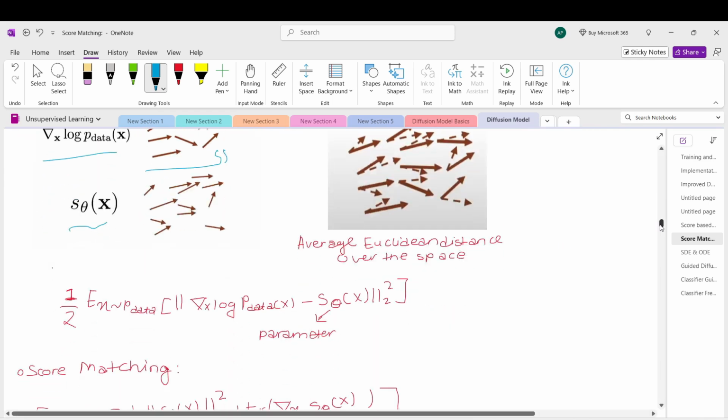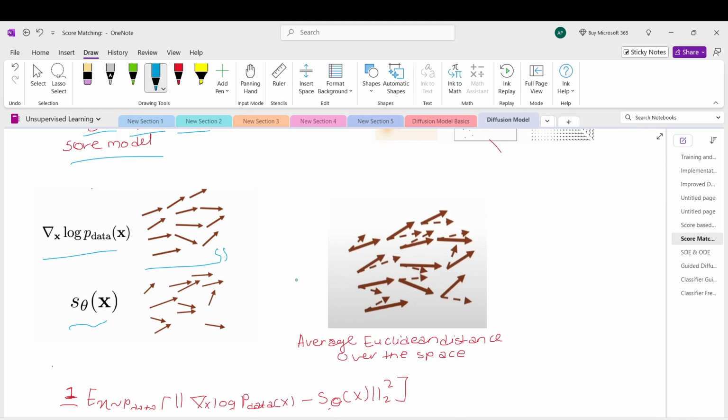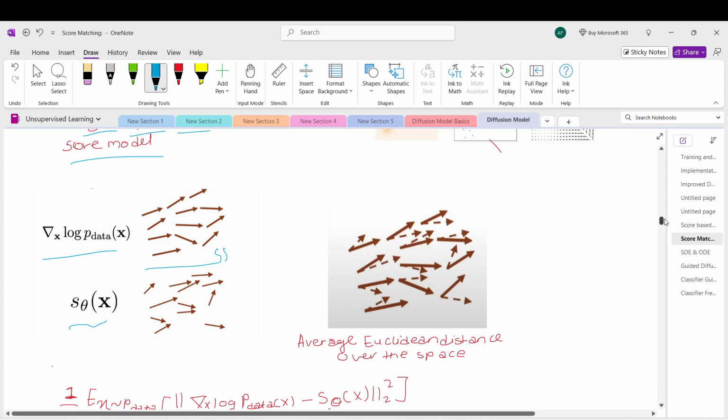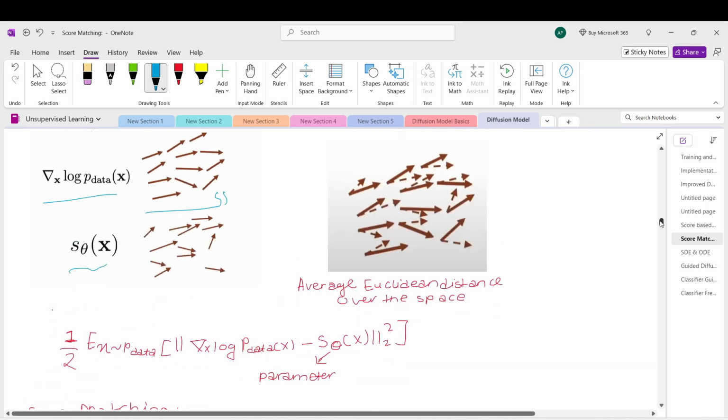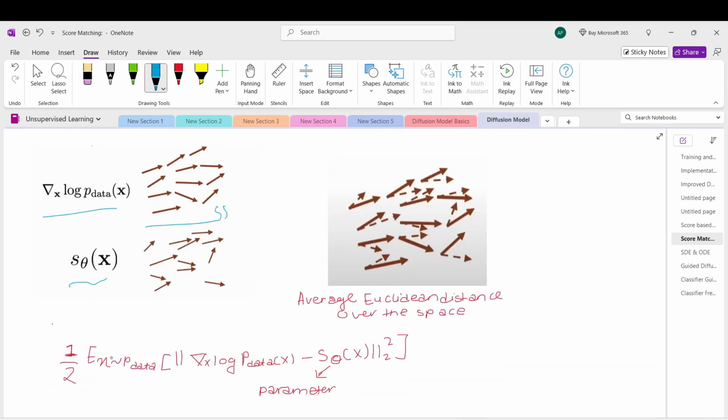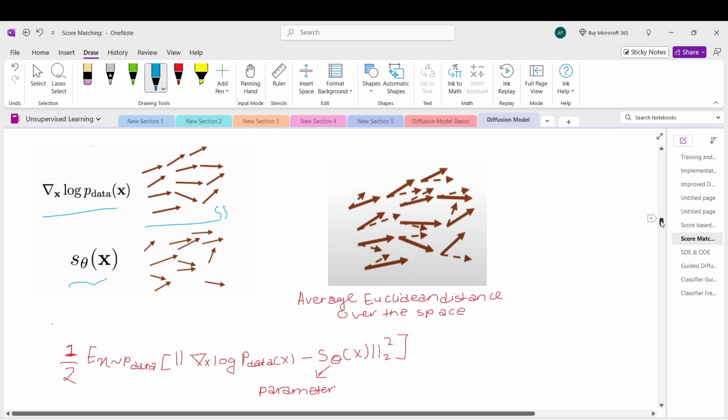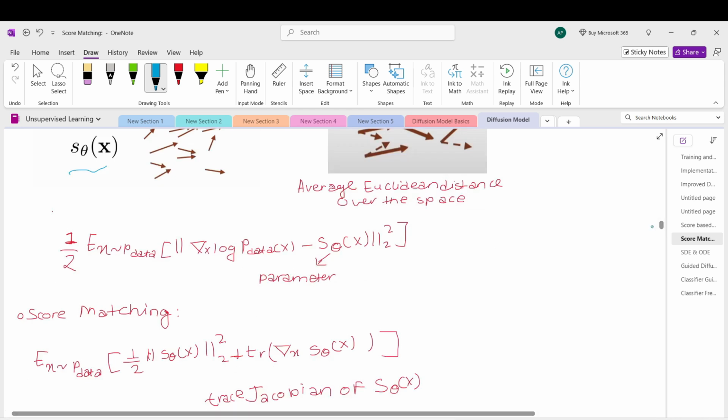So how can we optimize this quantity? We are going to optimize this Fisher divergence objective. This is a vector valued function, and this is also a vector valued function, and we want to make these two quantities nearly equal so our loss becomes minimum.